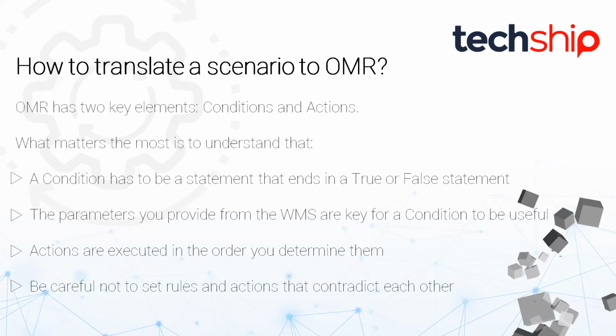And then the last recommendation here, or the last element to take into account, is be careful not to set rules and actions that contradict each other. Okay, when you start using OMR, if you have many rules at the same time to be evaluated and used, you might face the issue of having contradicting rules if you're not careful enough. And maybe one rule says, well, if the weight is this, then use this service, and then if the weight is this, use that other service.